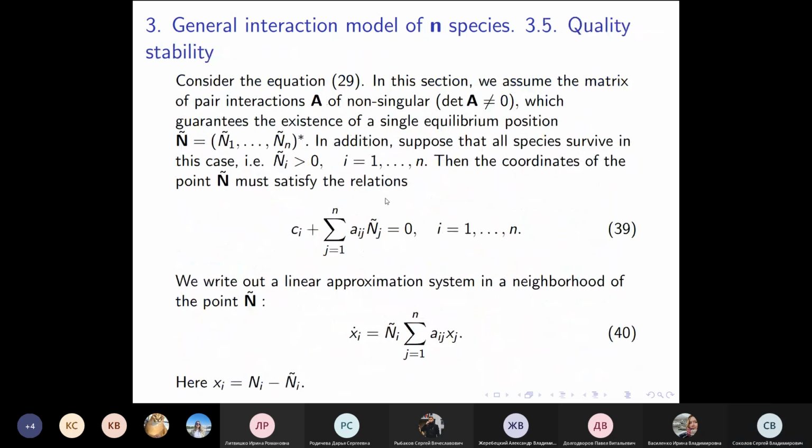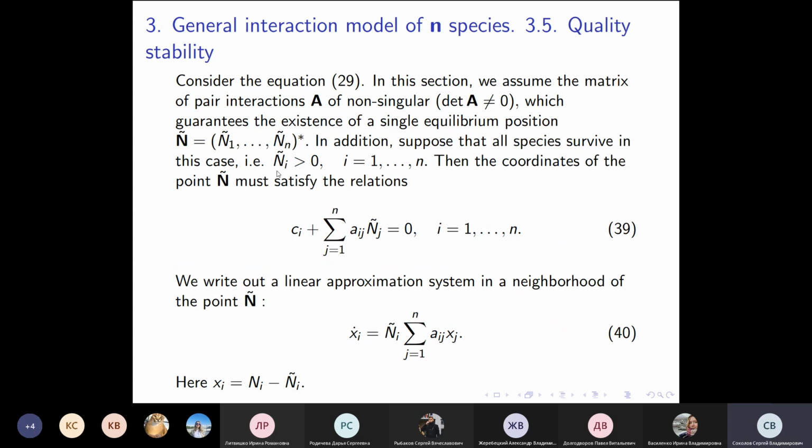We consider a non-singular matrix with a non-zero determinant. It guarantees us the existence of a single equilibrium. And in addition, let us suppose that all the species survive, so all the coordinates of our equilibrium are positive.